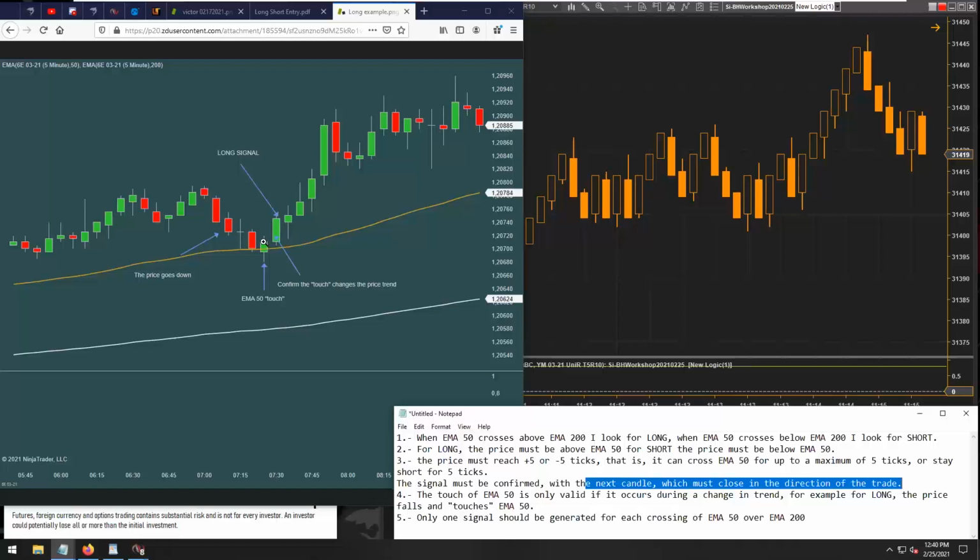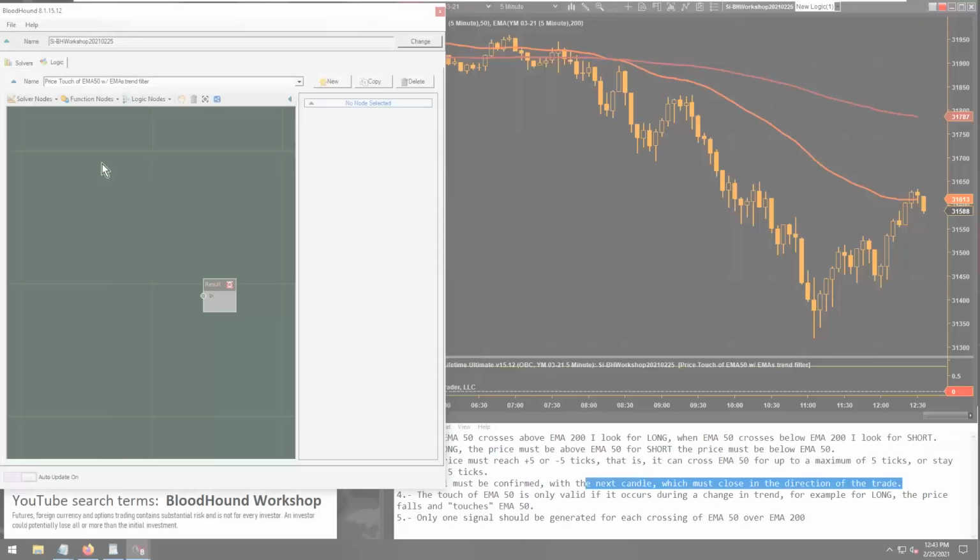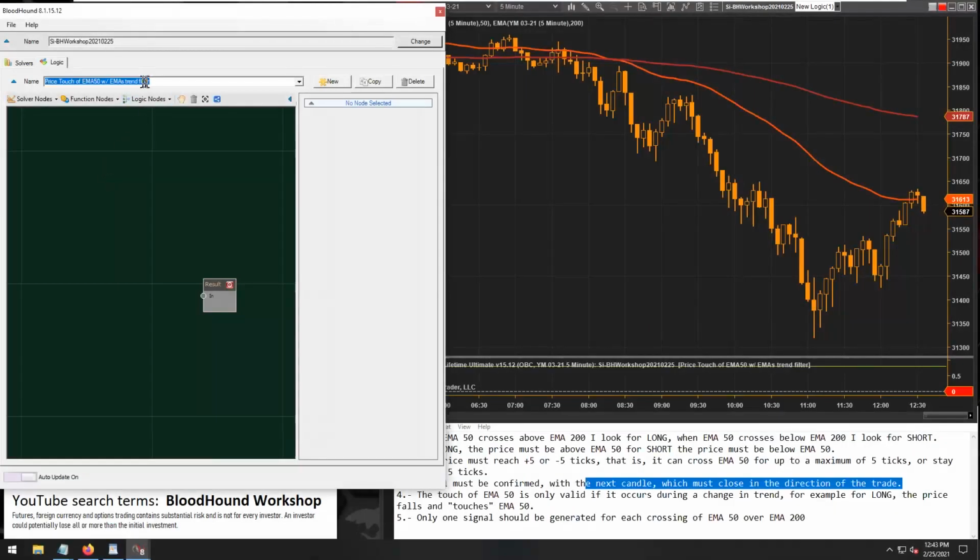So that's going to be the signal bar, actually. All right, so that's what we're building. We've got some kind of a name here to work with. And so we'll start working on some of the easier ones here, right?